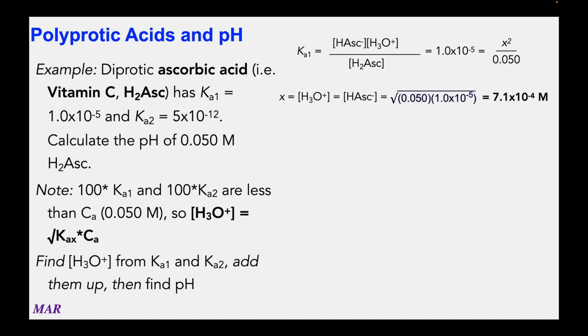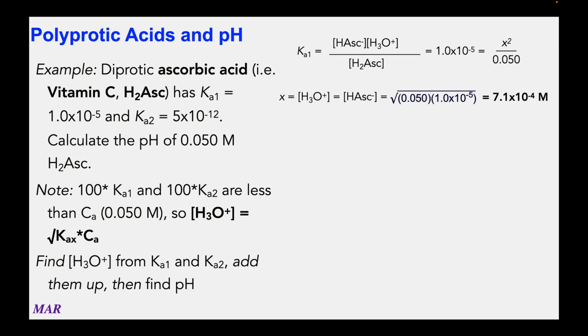So for the first Ka, the first acid that comes off, Ka1 will be the products over reactants, like all equilibrium constants. Now notice on the bottom we have the diprotic version of ascorbic acid, H2ASC, and on the top you have the conjugate base, which is basically the same thing as the acid but without an H+.